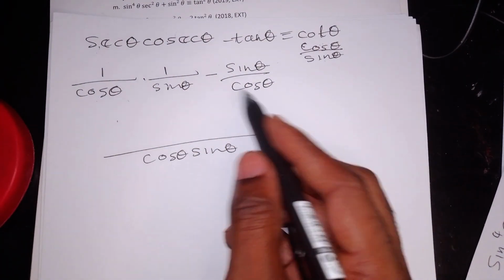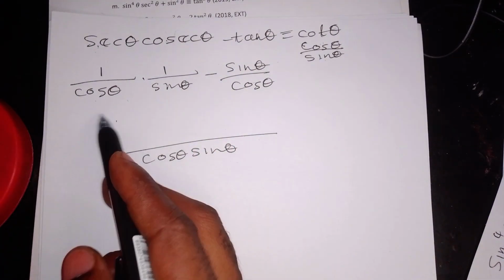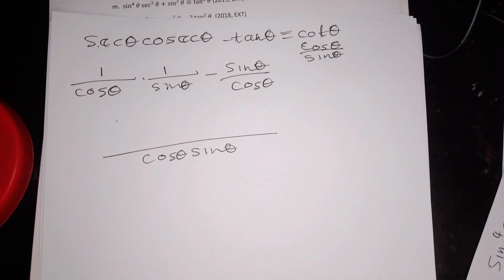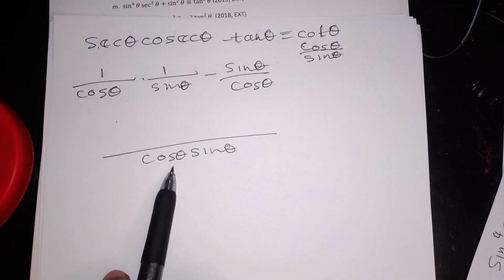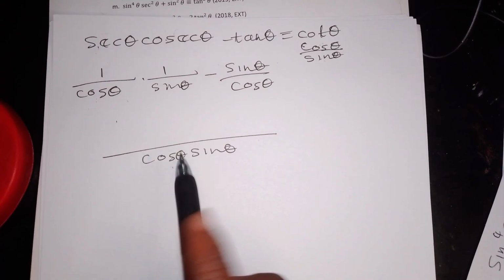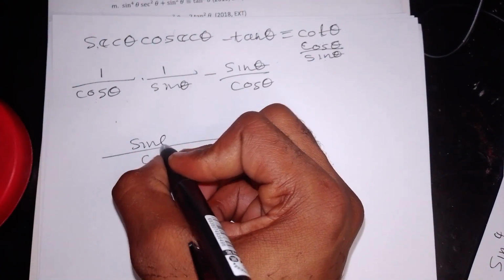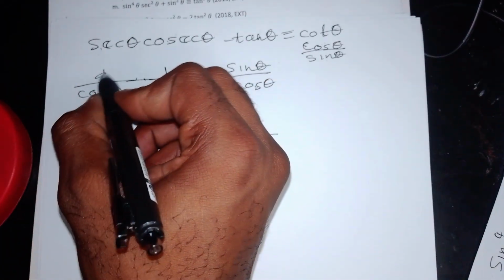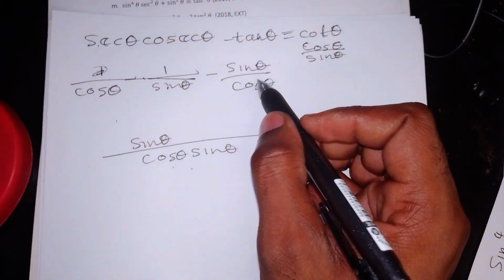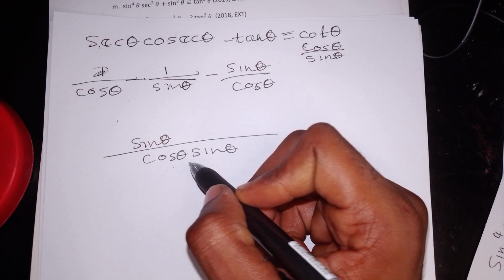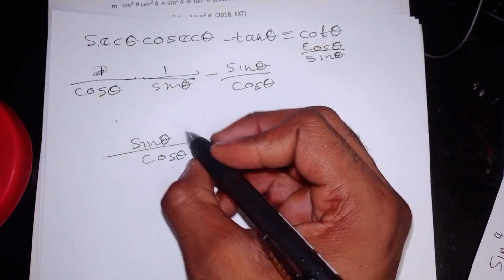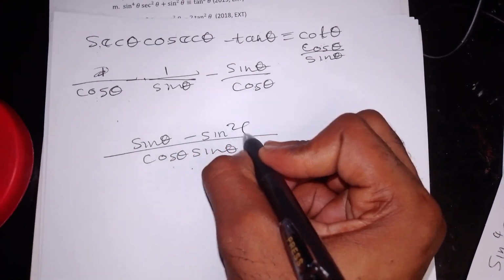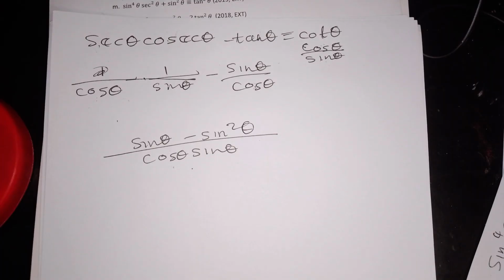Once again, you don't need to multiply them. If you do, it won't be a problem, you just have more work to do. This into this, you have a sine times 1, so this will be sine theta. Then this into this, you have sine multiplied by sine, so sine squared theta.